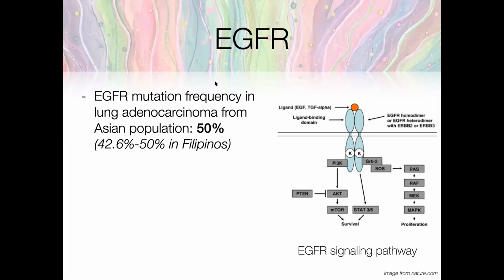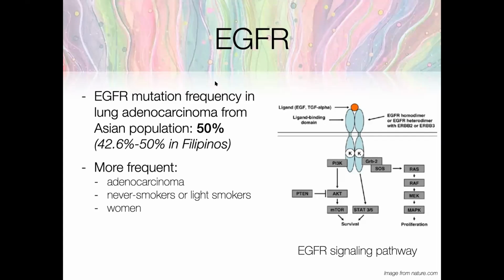And among Filipinos with lung adenocarcinoma, it has been reported that 42.6 to 50% of cases are positive for EGFR mutation. EGFR mutations are frequent in tumors with adenocarcinoma histology, in never smokers or light smokers of tobacco, or in women.